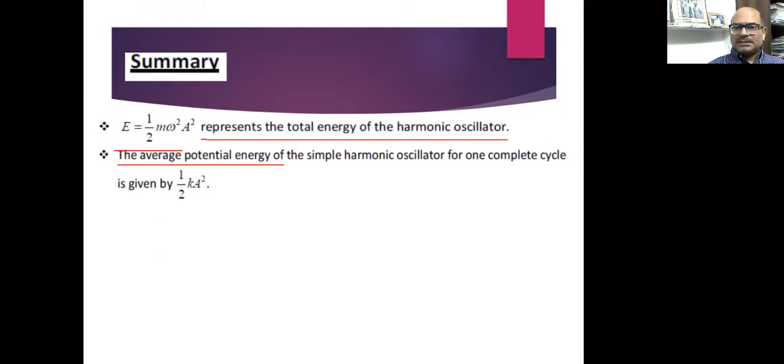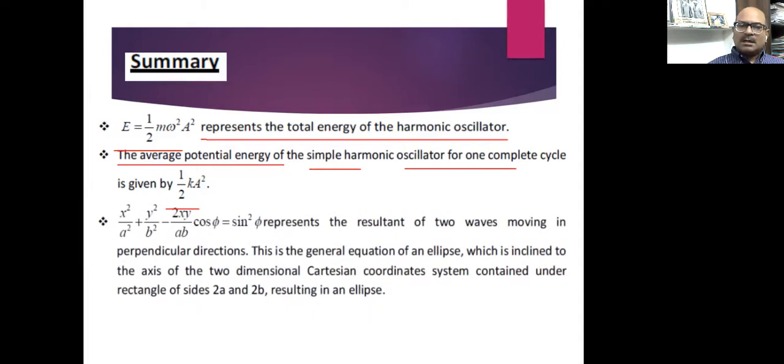The average potential energy for one complete cycle is a quarter k a square. And this is the equation when two simple harmonic motions in perpendicular directions superimpose. So this is the general equation of an ellipse, inclined to the axes of two-dimensional Cartesian coordinates, with the sides 2a and 2b.